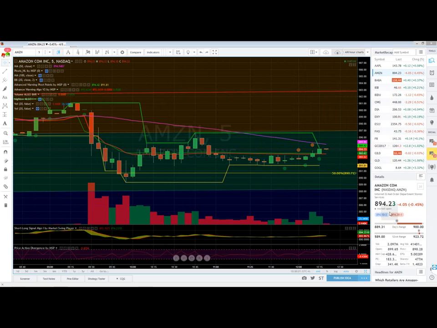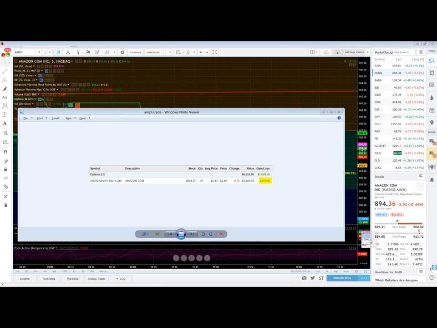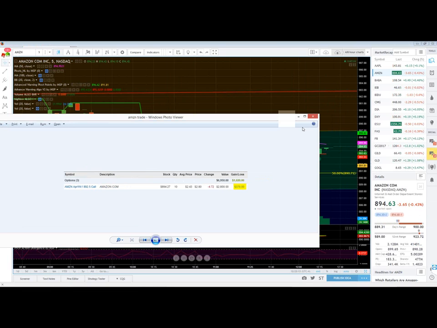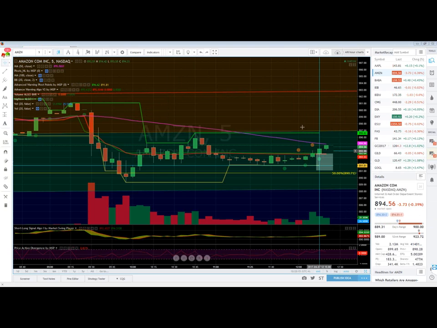In the meantime, I am up about $400, so I'll take my stop. All right, so you could see my trade here. It's just a little scalp trade. I took a few more trades today, but I paid about $2.43, up about 40 cents, bought 10 892.5 calls, and tightened up my stop, and we'll see.